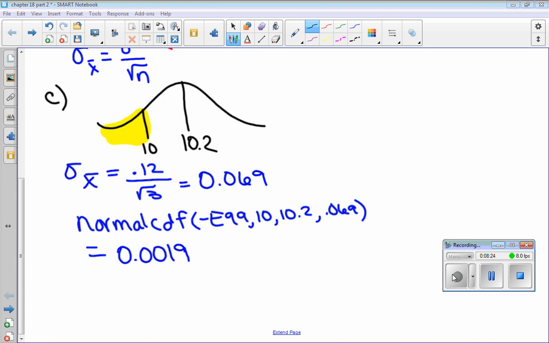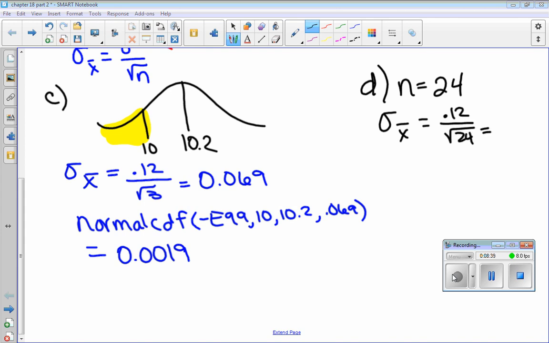So in part D, the only thing that's going to change is the new sample size, which means that the standard deviation of the mean weights is going to be 0.12 divided by the square root of 24. So you always start with the original standard deviation? Yes, always with the original standard deviation. Absolutely. And so they got 0.024 as the new standard deviation. So the only thing that's going to change in the problem is that last number.